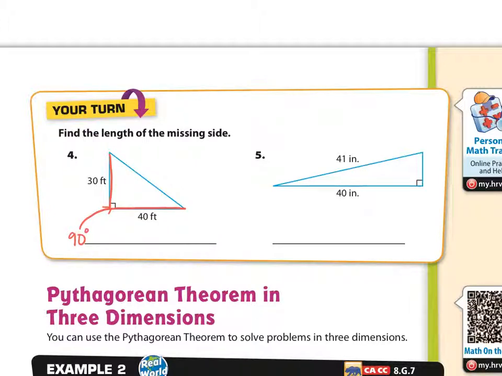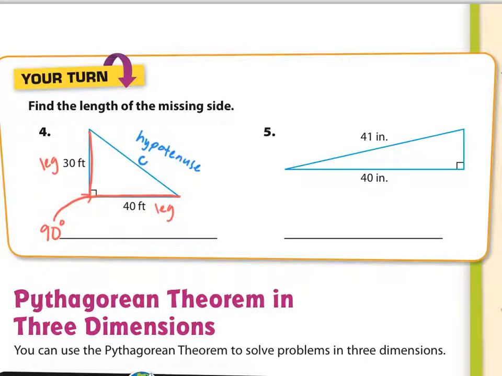That means 40 is a leg, and 30 is a leg. The other side is our hypotenuse. I'm going to call that C. If you want to use X, that's fine also. It's just to stay consistent with A, B, and C. When I set up my equation, it's going to be leg squared plus the other leg squared equals the hypotenuse squared.